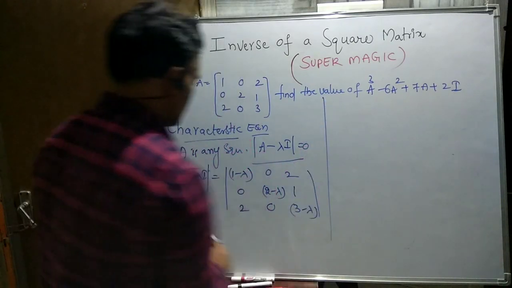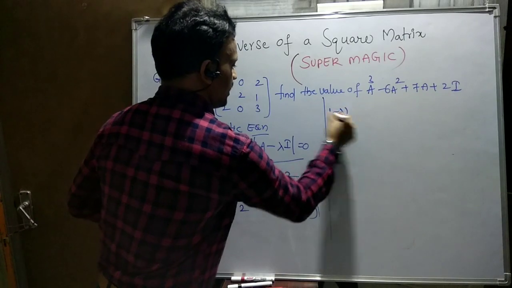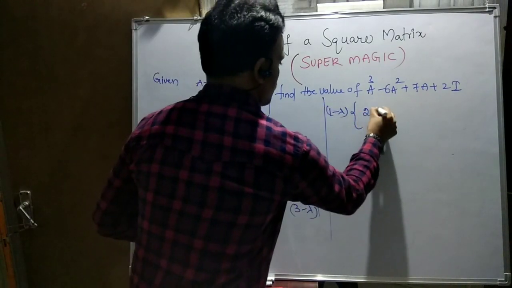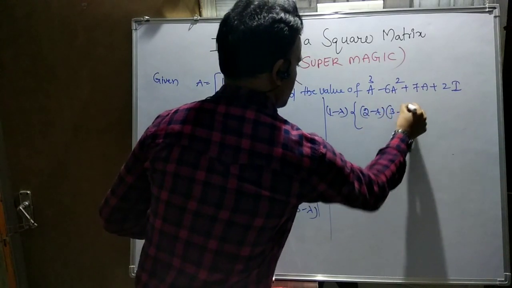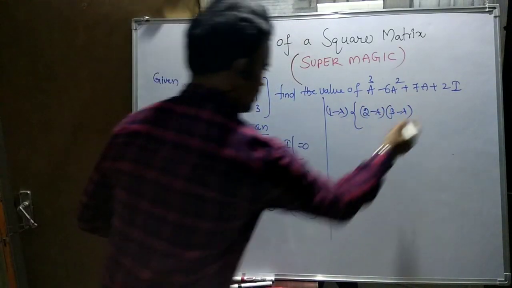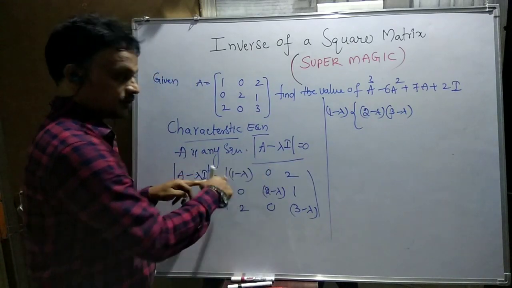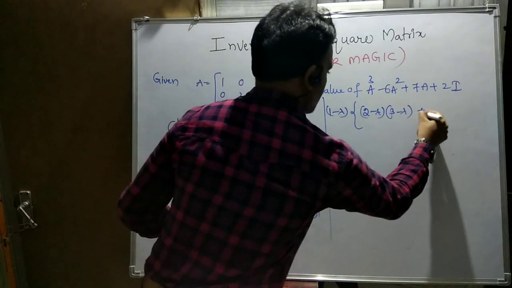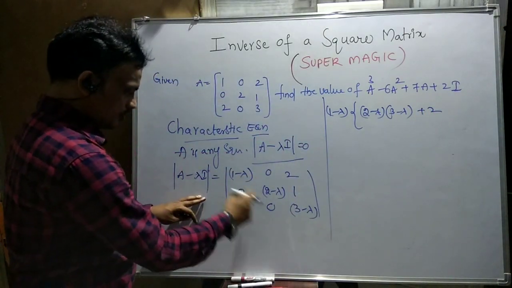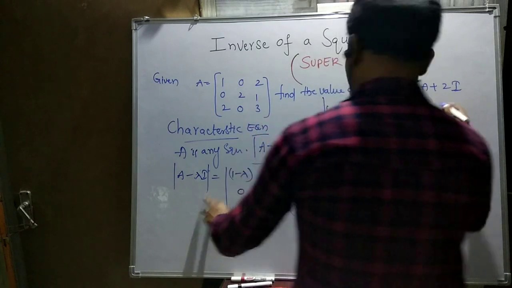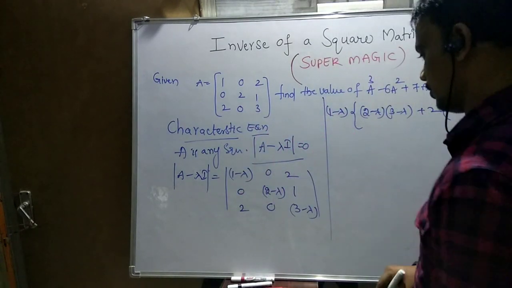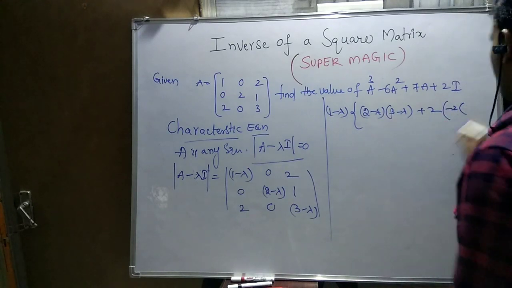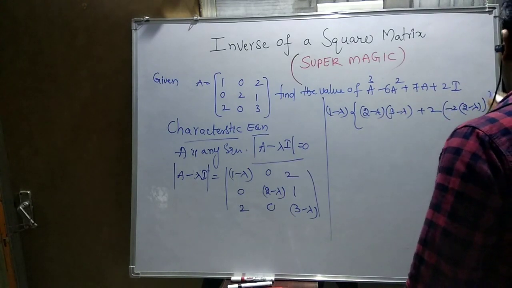Its determinant, expanding with respect to R1, is 1 minus lambda times (2 minus lambda)(3 minus lambda) minus 0. The next element is 0, so leave it. Plus 2 times (0 minus 2 times (2 minus lambda)).